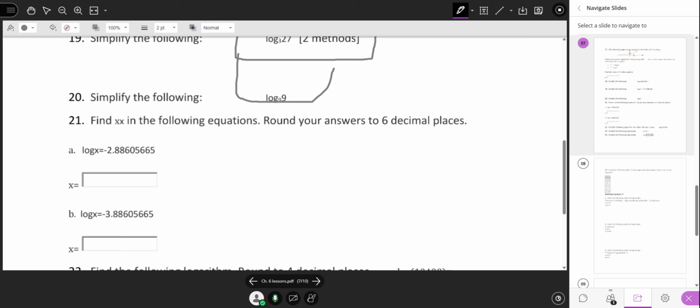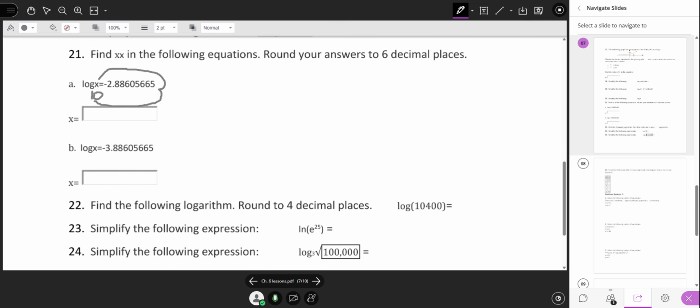Here, you're going to use the cloud rule because these are massive on Desmos. You don't want to use Desmos here. Round to 6 decimal places.